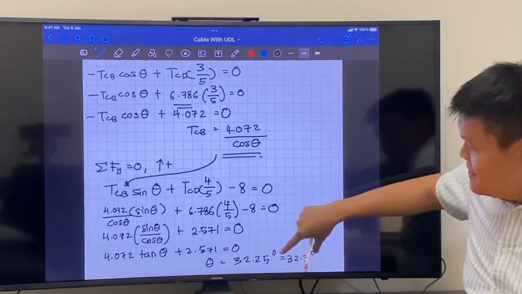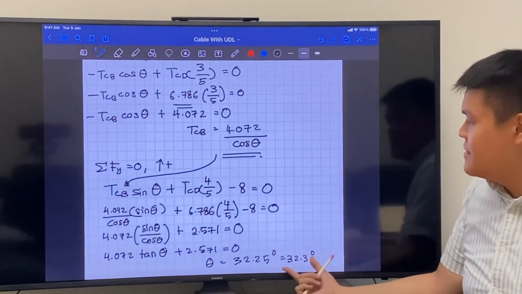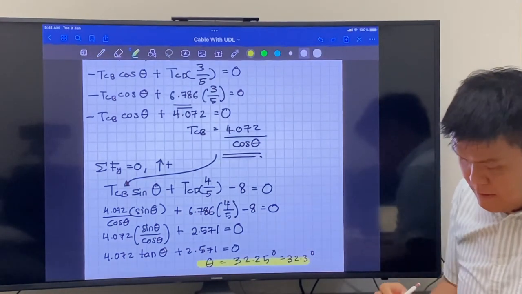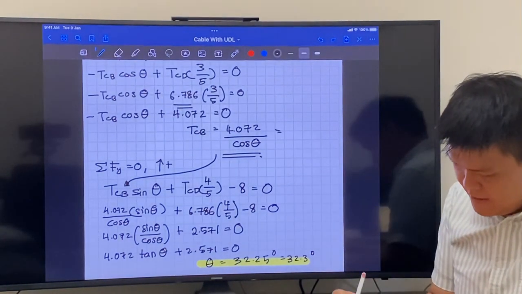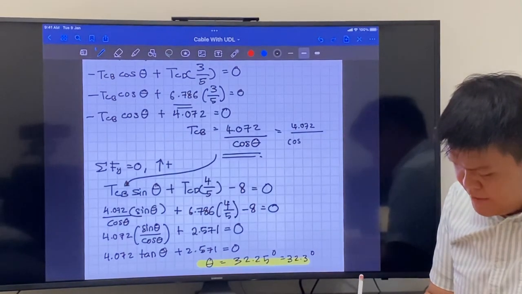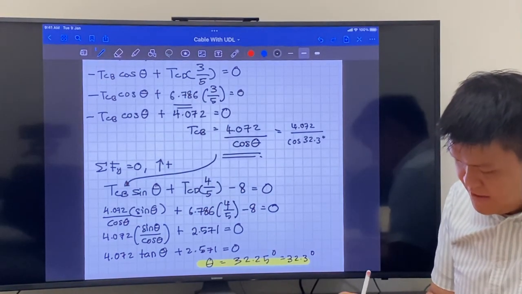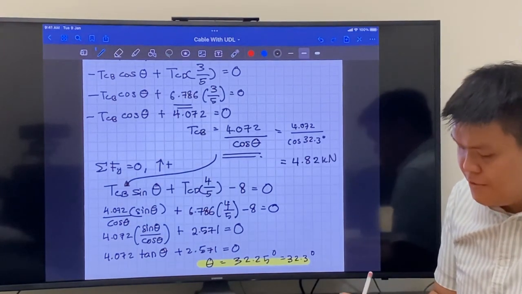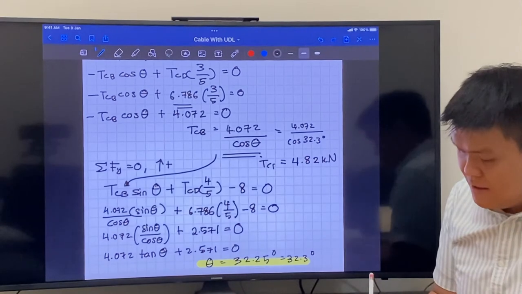Now we take this value and substitute back into this. We get 4.072 divided by the cosine of 32.3 degrees. This gives us 4.82 kilonewtons. So this is TCB.